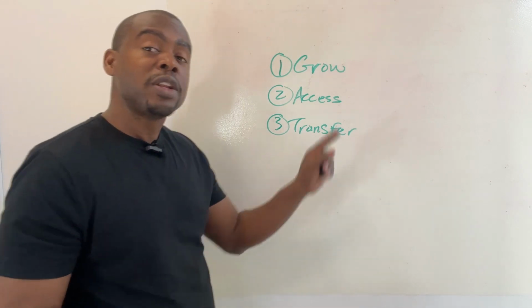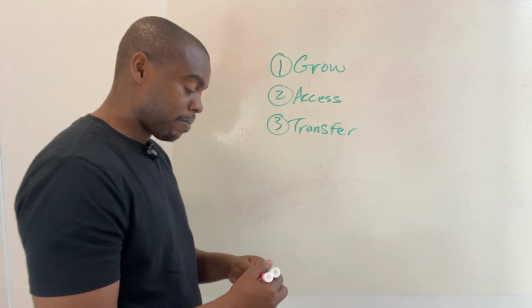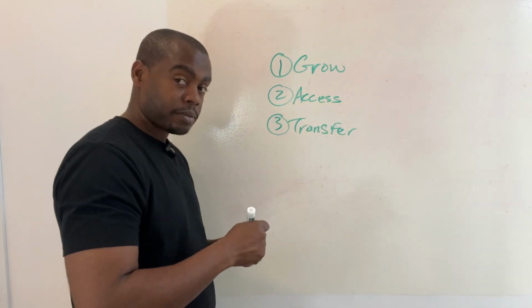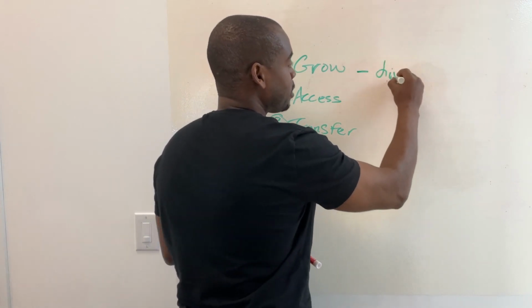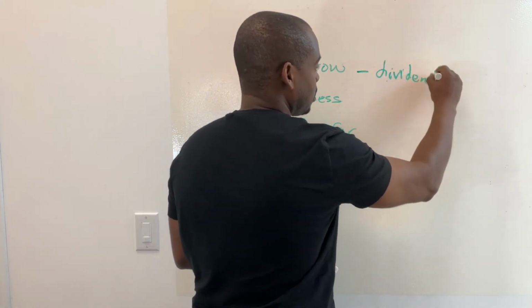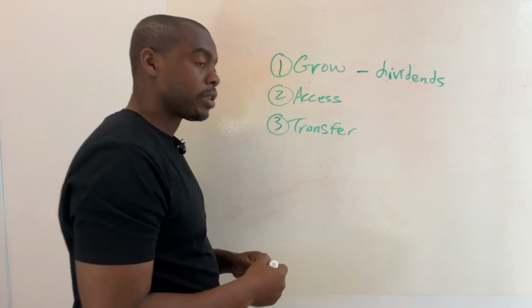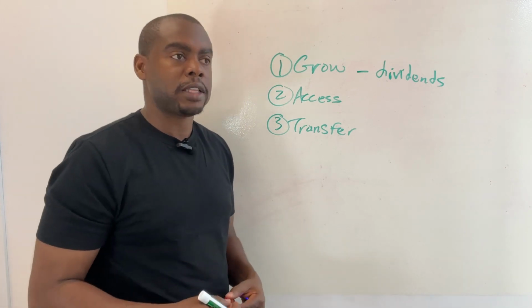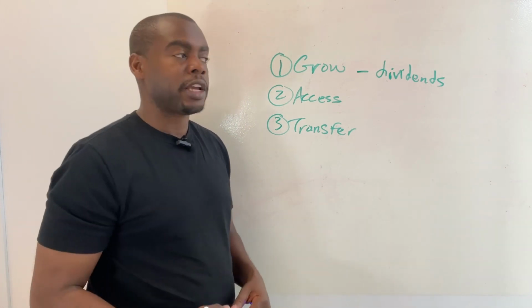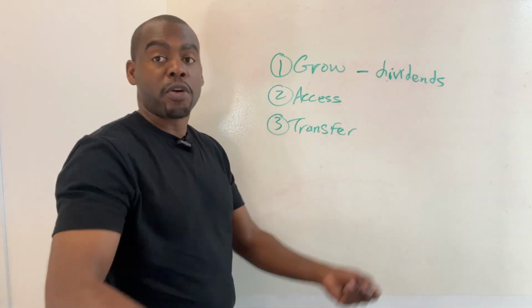So not only is the regular growth in this type of policy tax-free, however, the dividends. So what are dividends? If you're familiar with dividends in a traditional account, like in the market, that pays dividends, that's like money back from profits.